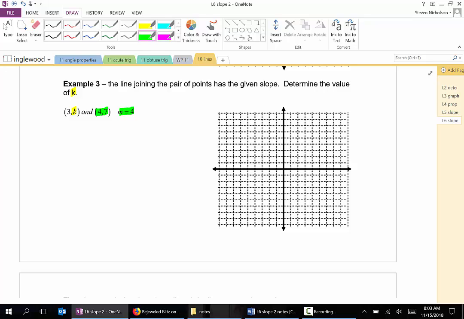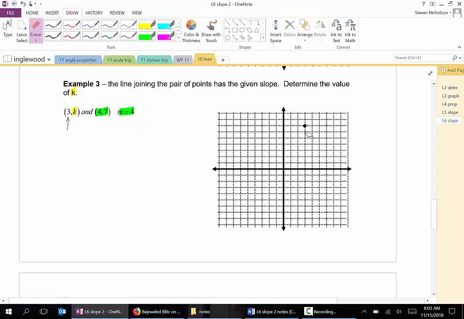So here's this idea I said before. Sketching a picture is a really nice way to help you understand what the problem is. So in this one, the first thing I'm going to do is plot 4 comma 7. 4 comma 7 is right there. Now, this number right here tells me the x value of my other point.